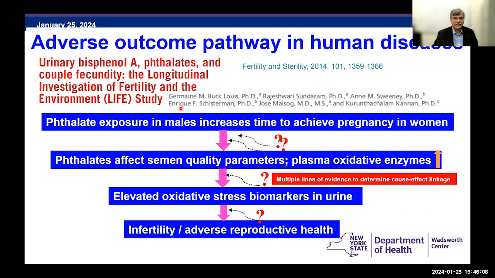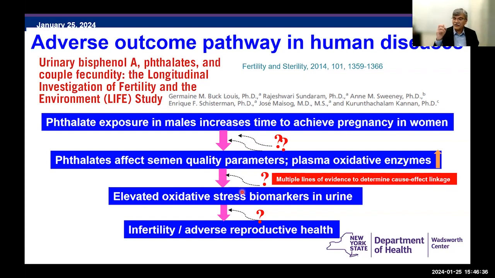So you have some exposure and you have an effect. In between, there are lots of effect biomarkers that you can measure to link the exposure to the effect. That will provide multiple lines of evidence to make the cause-effect linkage, right? Because cause-effect linkage in a population-level study is difficult to achieve because we have so many variables.